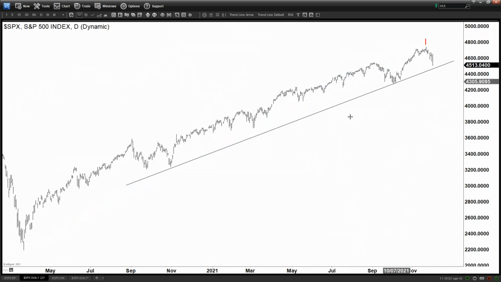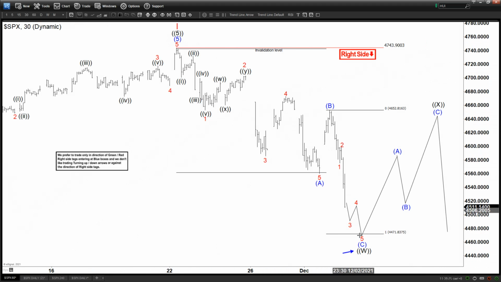We kind of ended the cycle now and are looking to correct larger degree. It's been almost 2 years of rally since we bottomed in the COVID-19 crash over here. So now we're looking for a larger degree pullback, and the pullback should be in a 3-7-11 swing. The first 3 waves are in progress right now with minimum 44.71.